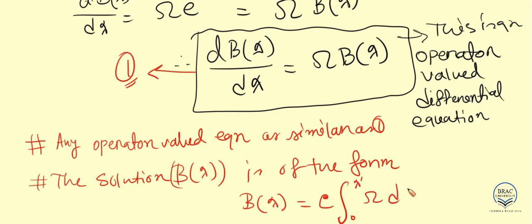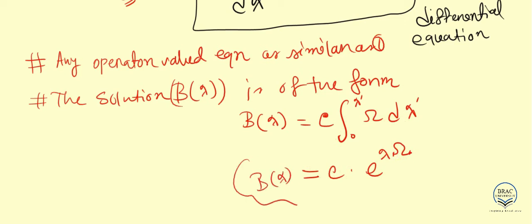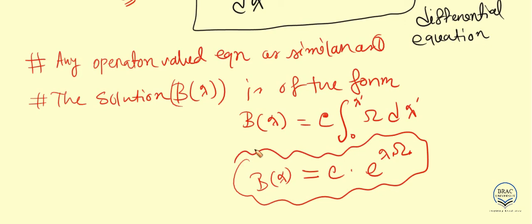Finally you can write it as c times e to the power lambda omega. This c is actually coming from this integration, nothing else. So this is how you can even solve operator valued differential equations as well.